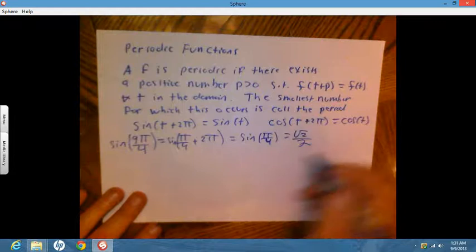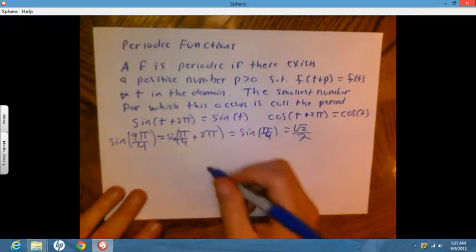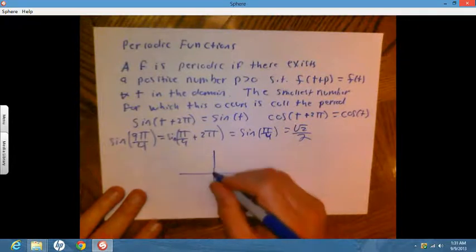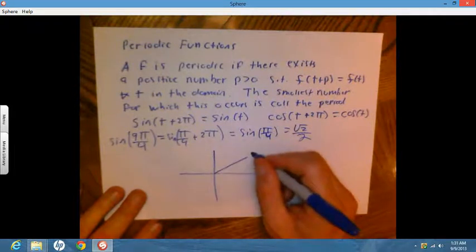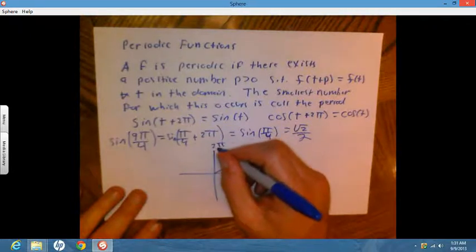And to get an idea of why that is, we can start with pi over 4 radians. Then we have 2 pi over 4 radians, the same as pi over 2.